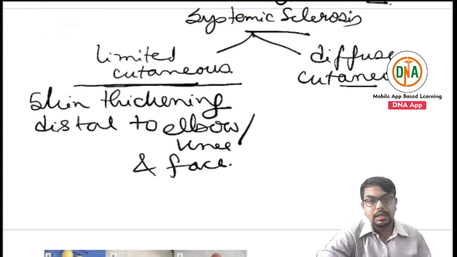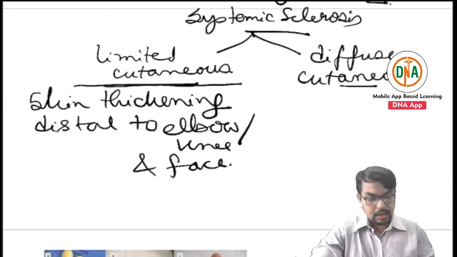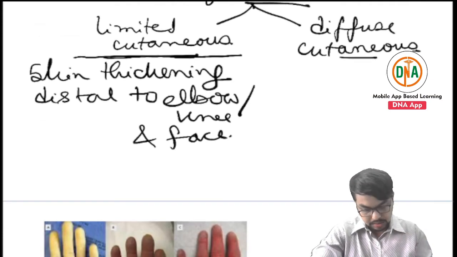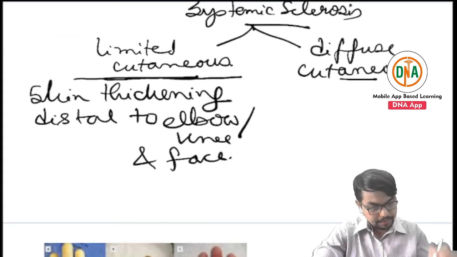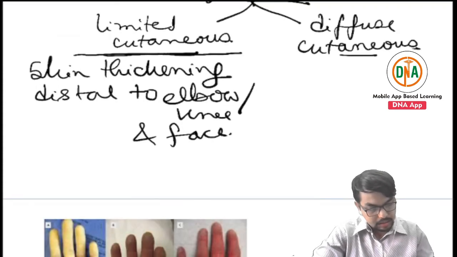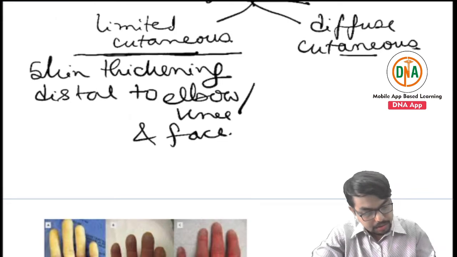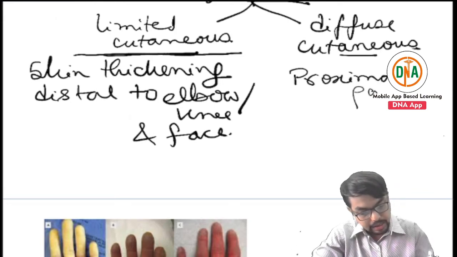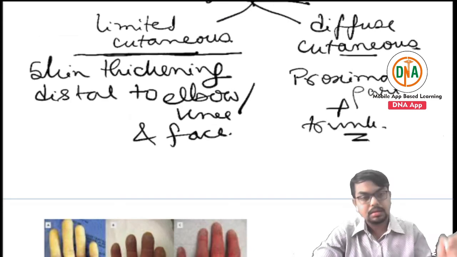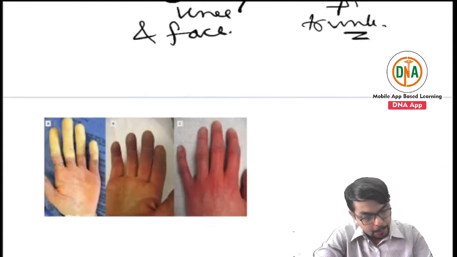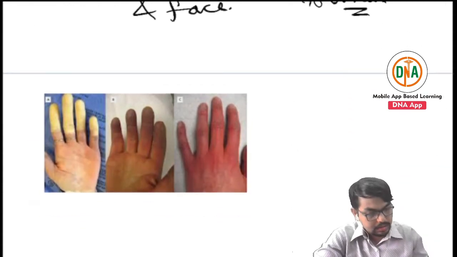This is the limited cutaneous variety of systemic sclerosis. In the diffuse cutaneous variety there is involvement of the proximal part also and trunk involvement. Okay, now here is a very important phenomenon.